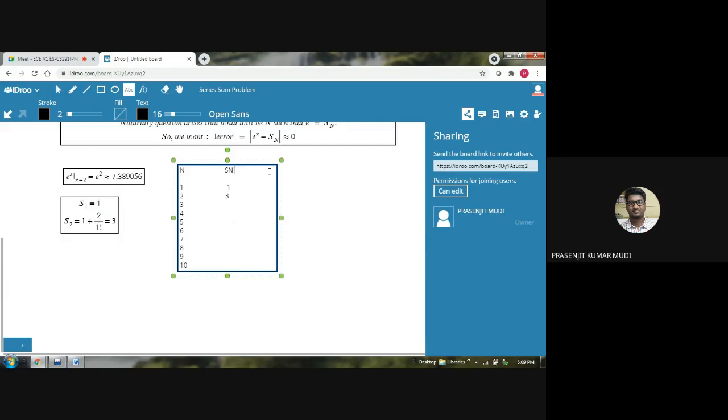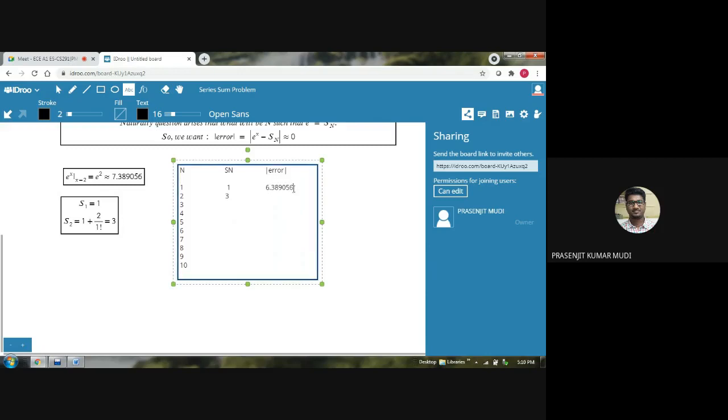And parallelly, you calculate the magnitude of the error. Right. So what is the error? The magnitude of the difference between Sn and e to the power x. So e to the power x is 7.389056 minus 1, so here it is 6.389056.